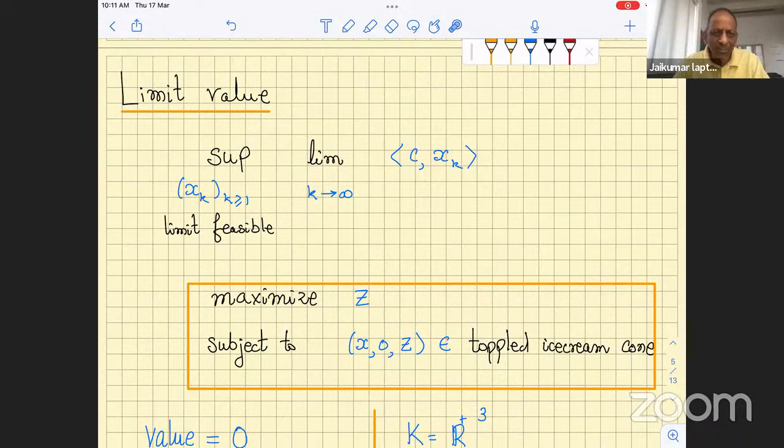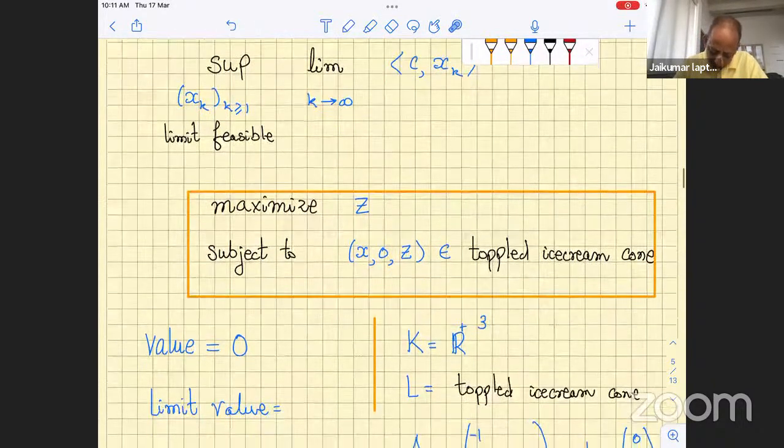But the two compromises have different characters. In one of them, you get the value of the cone program. In the other, you get the limit value. And there are cone programs which are feasible, but the value is different from the limit value. So let me give you an example.